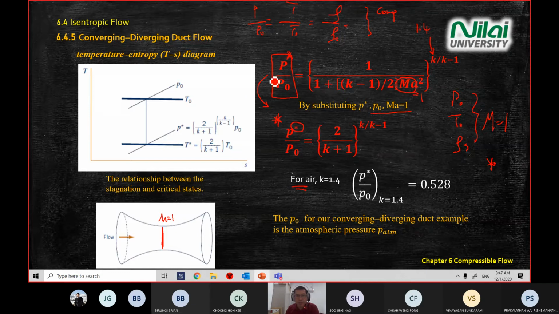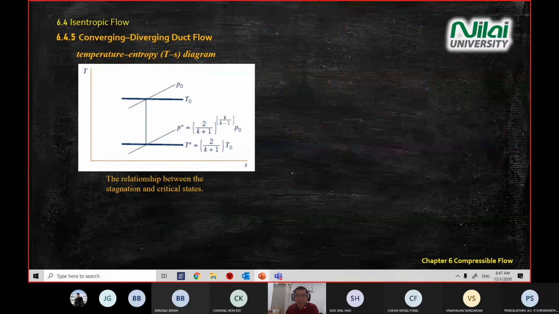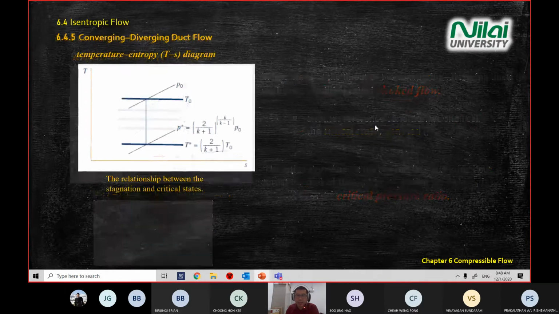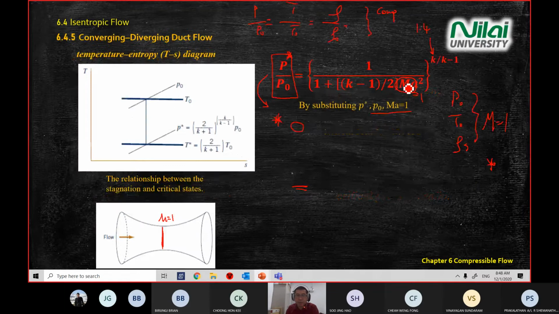For example, if we look at pressure, we change the top parameter, and then the Mach number inside the equation will become 1. Every time you see choke, or another keyword we will give you, such as find the parameter at critical state, we will use a star sign in our calculation. Every time you use the star sign, it means the Mach number inside the equation is 1, and you are going to simplify your equation.